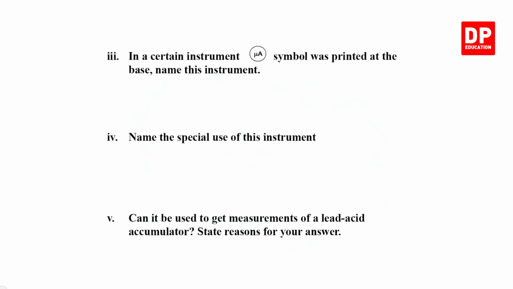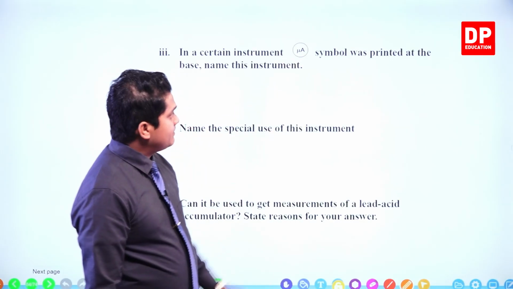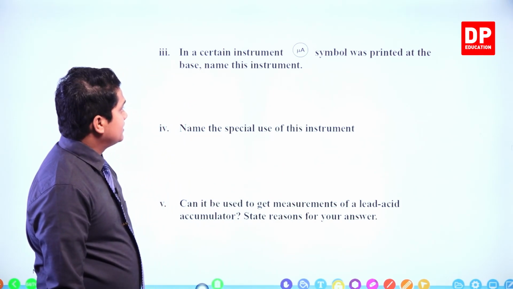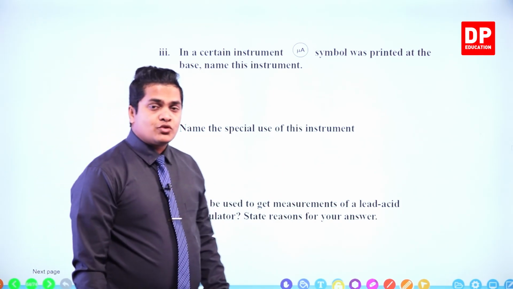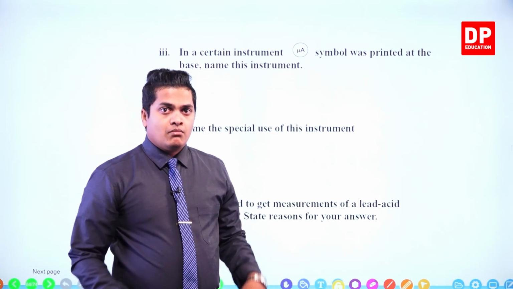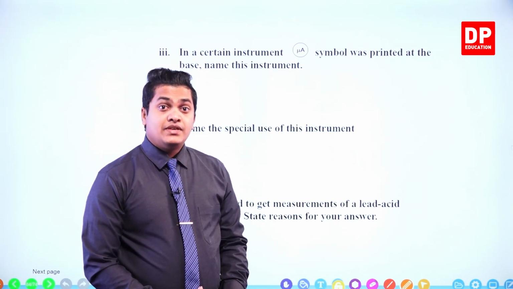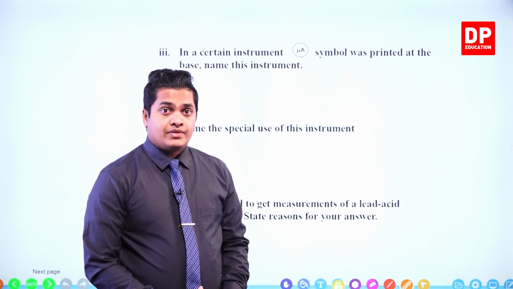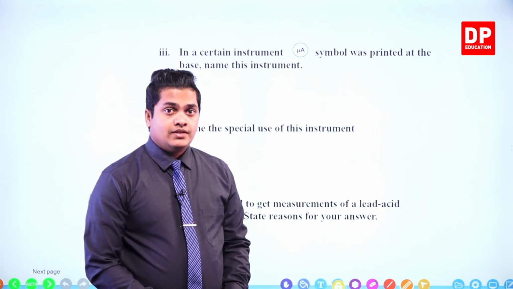In a certain instrument, this symbol, mu A, was printed at the base. Name this instrument. Mu A is being printed on it. Right?